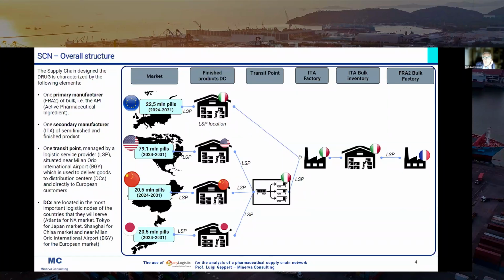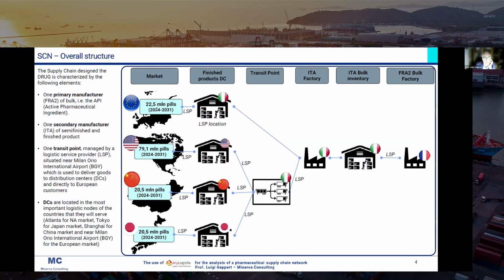And it also delivers to the same logistics service provider the right amount to send, to deliver the finished product to the 3 different DCs, distribution centers located in North America, in China, and in Japan. By and large, you see the number of pills in the period.